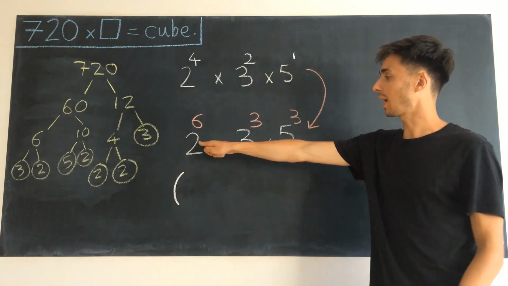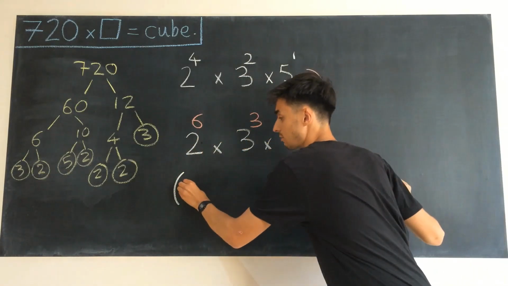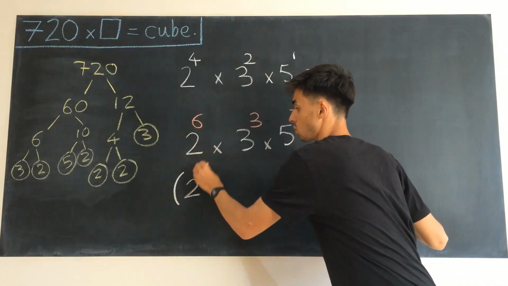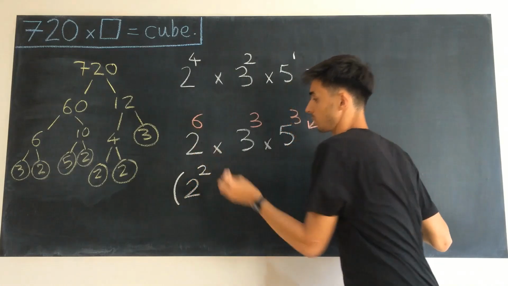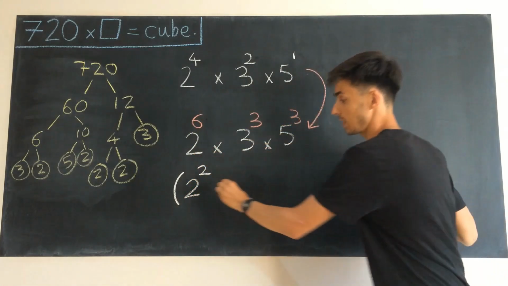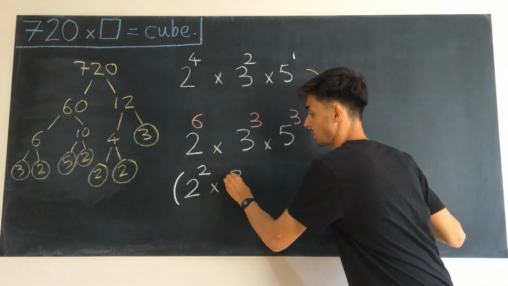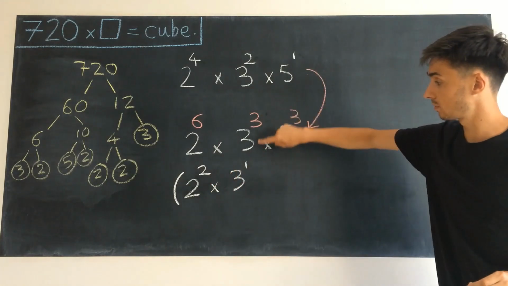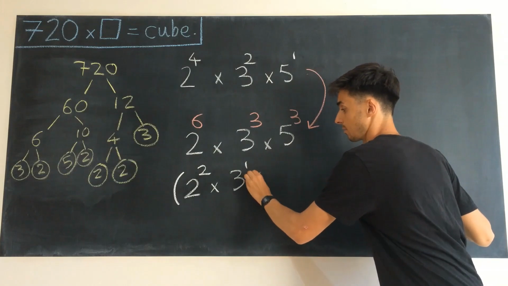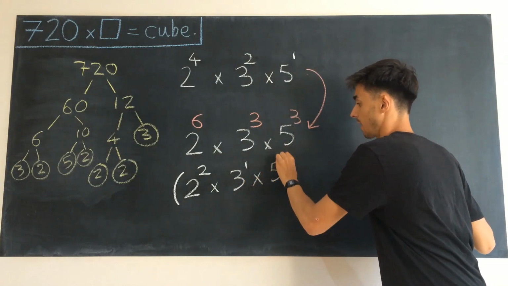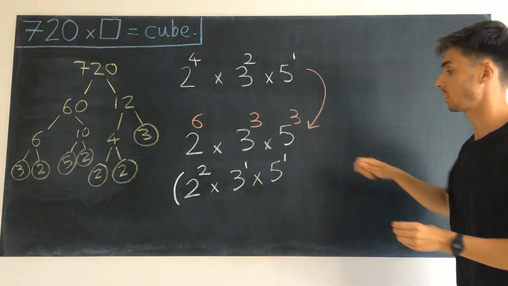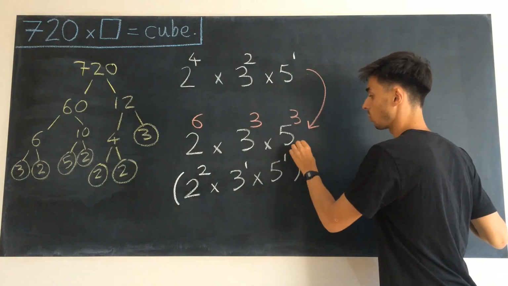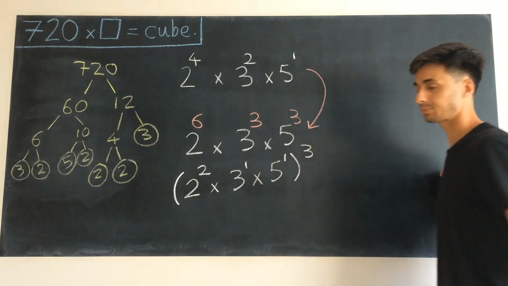When we split this into 3 even parts, we get 2 to the power of 2, because that's 6 divided by 3, multiplied by 3 to the power of 1, 3 divided by 3, multiplied by 5 to the power of 1, so it's 3 divided by 3, and all of this is cubed.